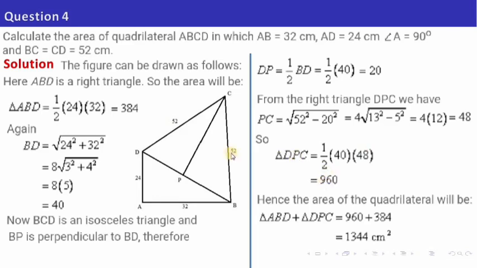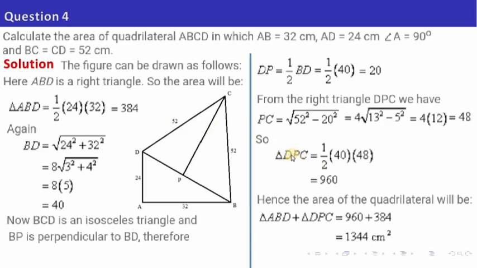So similarly, you find the area of this triangle. Because this one and this triangle are both the same, their area is also going to be the same.